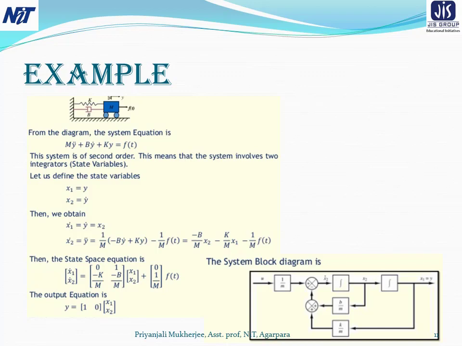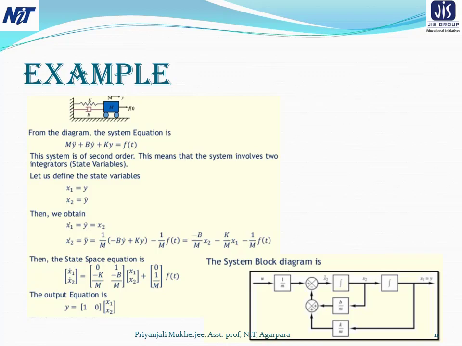So this matrix, 0, 1, minus k by m, minus b by m, actually represents the system matrix, the A matrix. Similarly, the B matrix becomes 0 and 1 by m. And finally, the output equation. The output is y, because due to the presence of this force, the displacement is y, and the output is equal to x1, because we have defined the state variables in this manner.